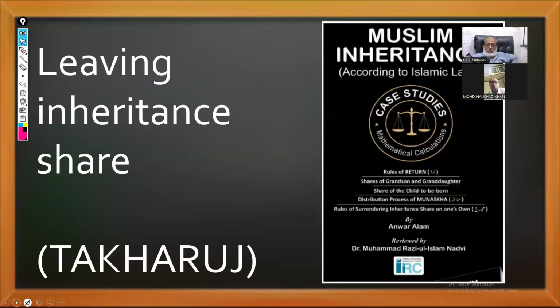Now we are going to discuss another chapter of today's session, leaving inheritance share. Leaving inheritance shares means takharuj in terms of madaris terminology. If somebody wants to leave his or her share, what will be the procedure?